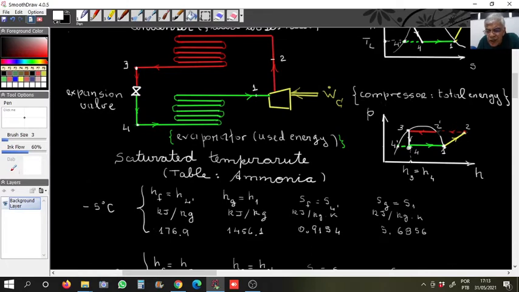You see, H3 is equal to H4 from the expansion valve, the enthalpy is the same, so I substitute H4 by H3, which I get from the table, because this is a saturated liquid. On this side here is saturated gas, at the temperature of 40 degrees centigrade.